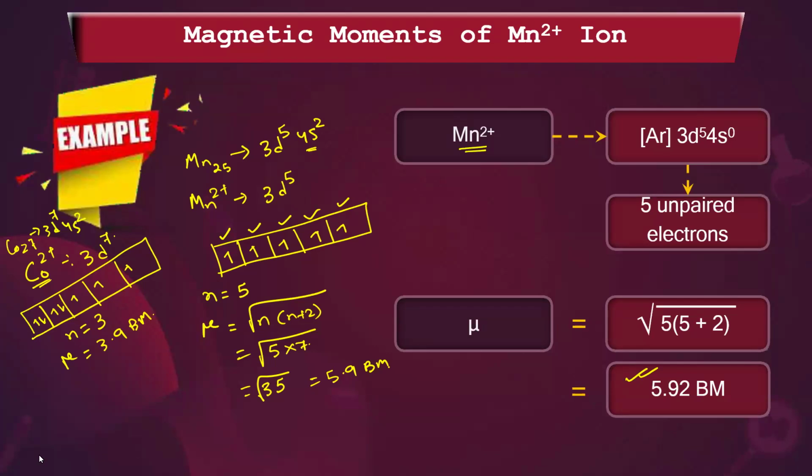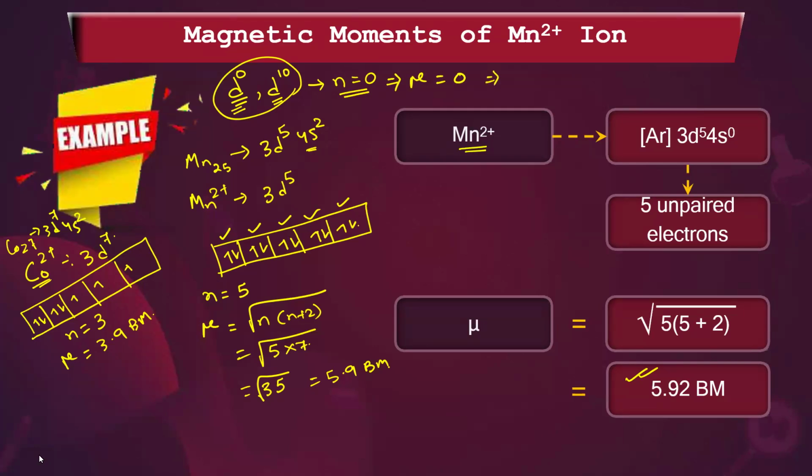Just remember one thing, I am writing something important. If you have d0 configuration and d10 configuration, you will have 0 unpaired electrons, because either there is no electron or all are paired. So d0 and d10 configurations give n equal to 0, which implies mu will be 0.